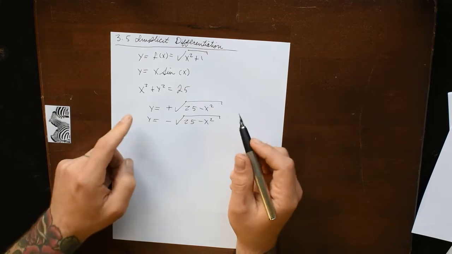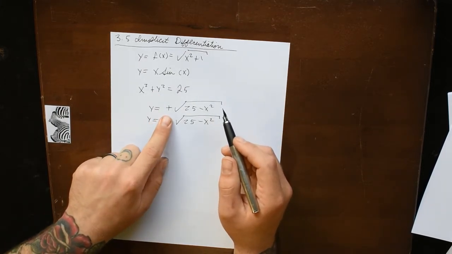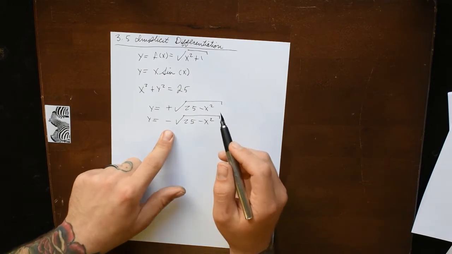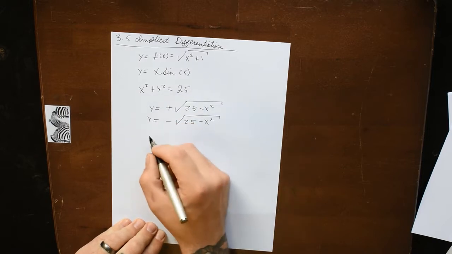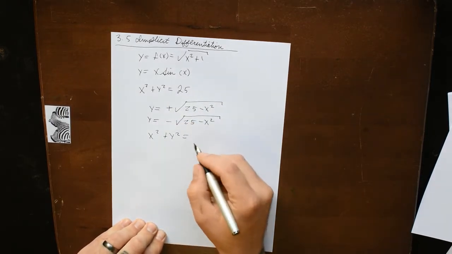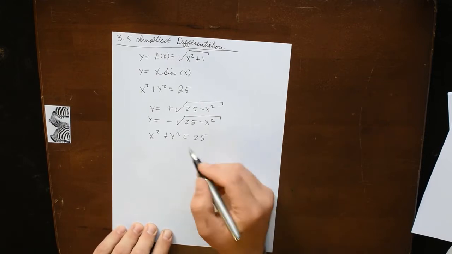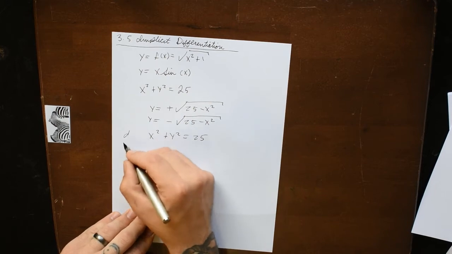And so if we wanted to calculate the derivative with respect to y, we would get one derivative here, and we would get one derivative here. But what we want to do is start off with an equation, x squared plus y squared is equal to 25. And we want to take derivatives, and that's what we're going to do.